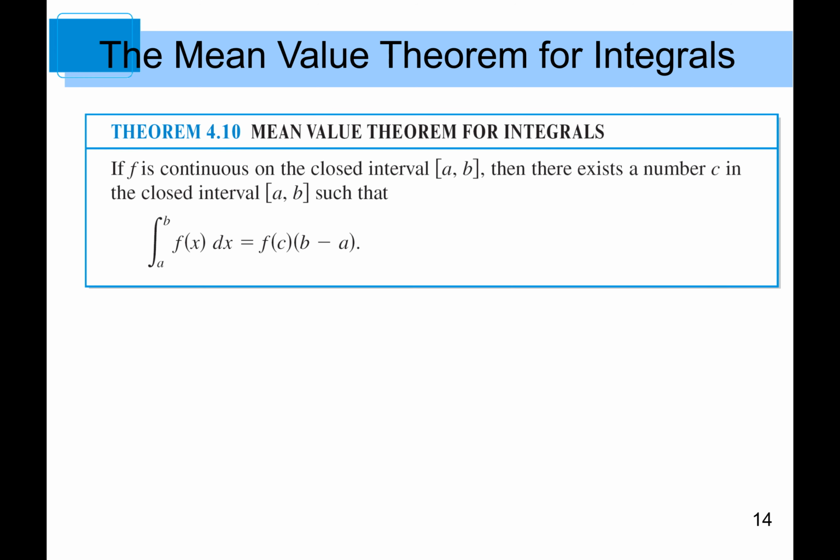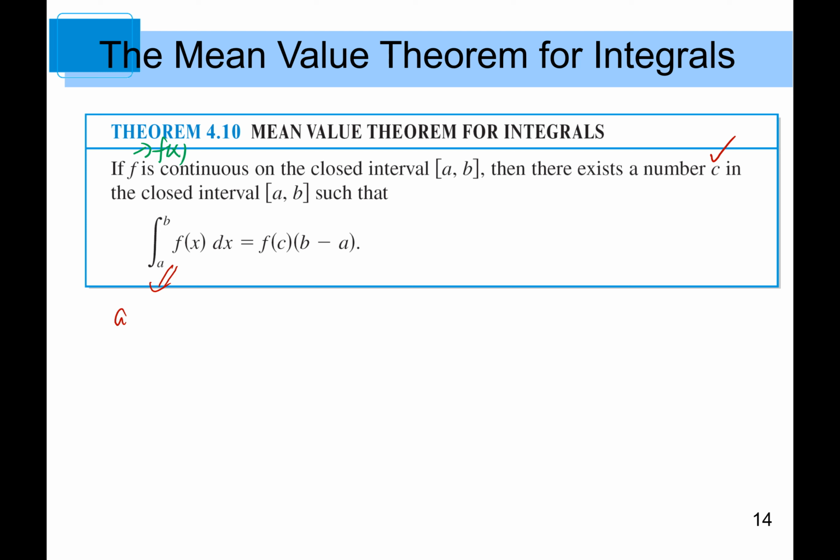Alright, so let's take a look at the mean value theorem for integrals. If f of x is continuous on a closed interval a comma b, then there exists a number c in the closed interval a comma b such that the definite integral of f of x dx from a to b equals f of c times b minus a.